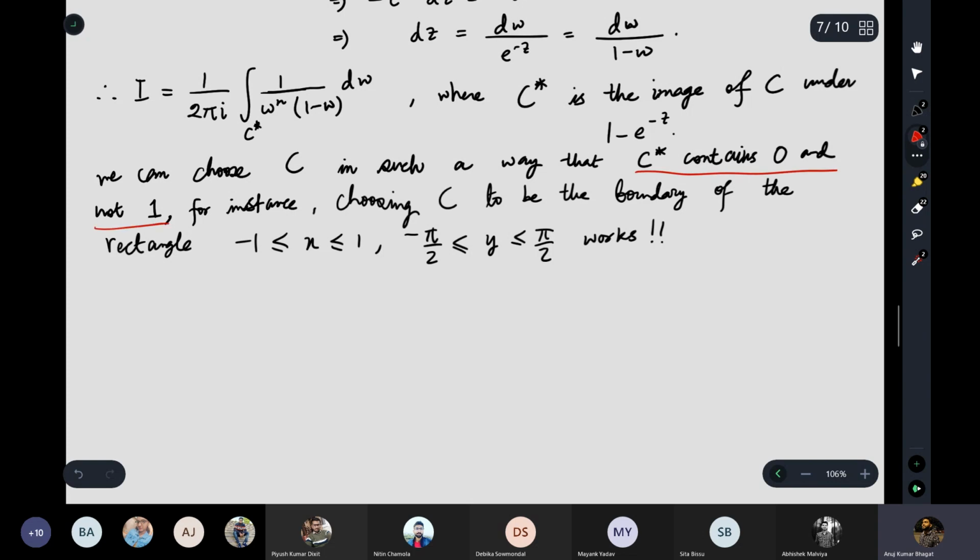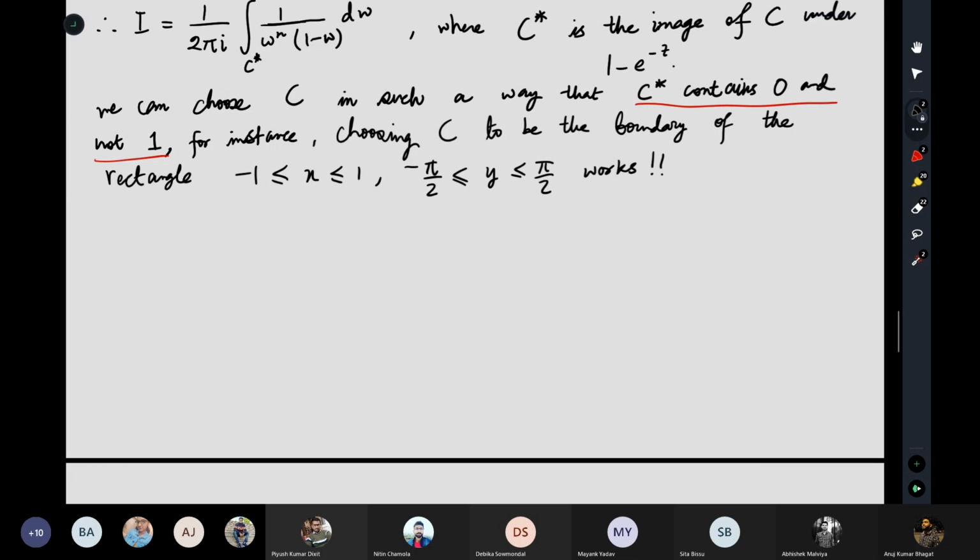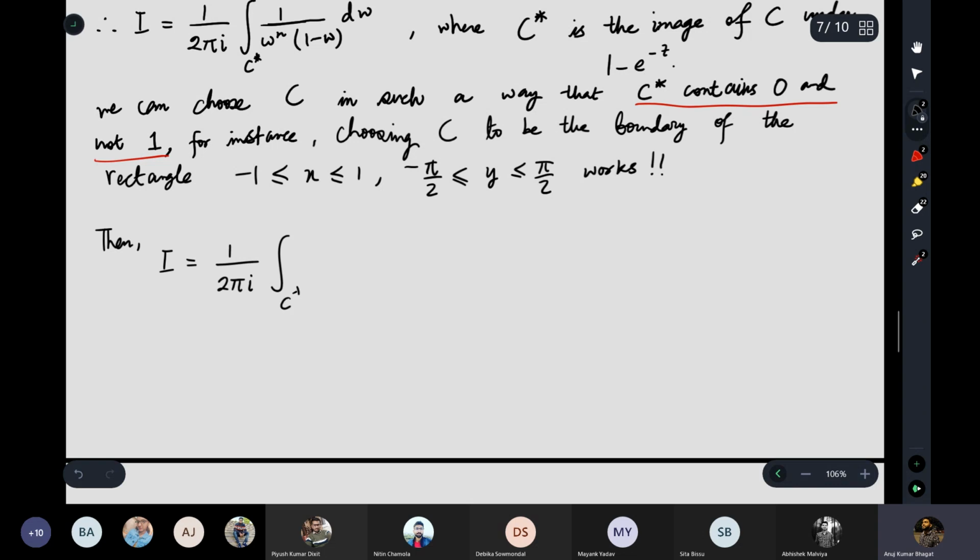So why is that important? I'll tell you now. So then I is what? 1 by 2 pi i, integral over C star of 1 by omega to the power n, 1 minus omega, d omega. So again we'll use the Cauchy residue theorem.